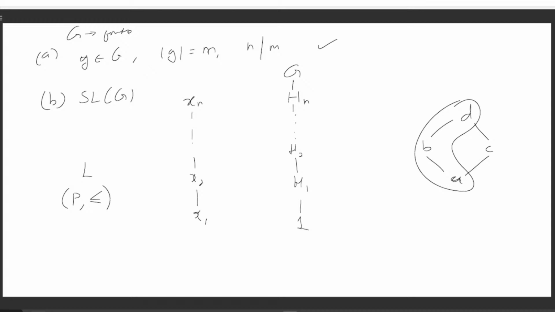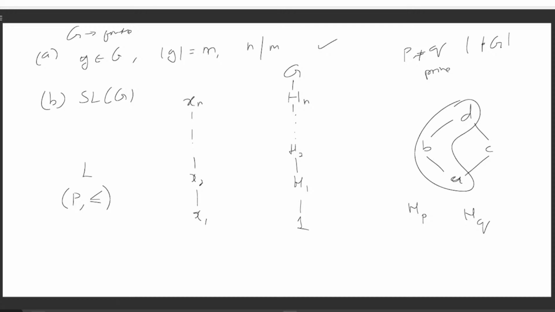But in particular, suppose p and q are two different prime divisors of the order of G. Then you will have two subgroups, let's say Hp and Hq, in fact elements of those orders.